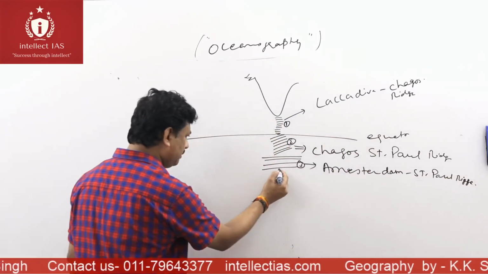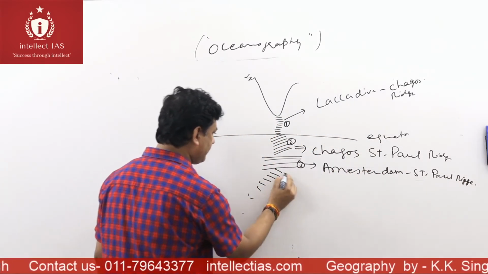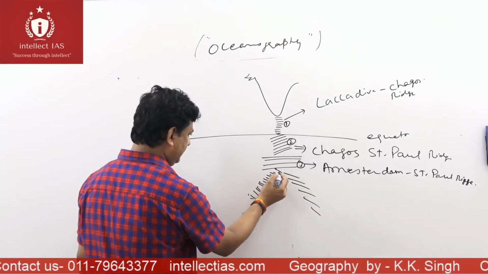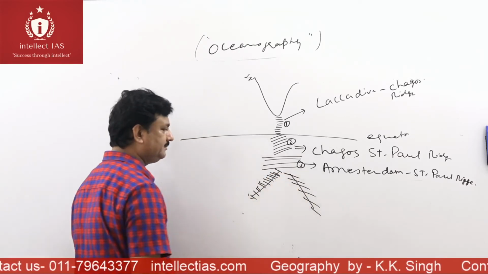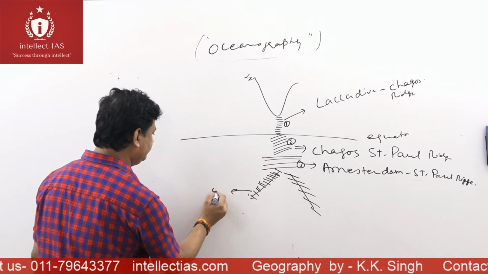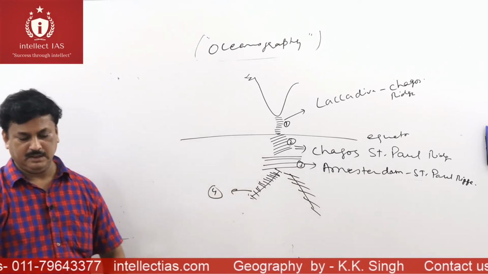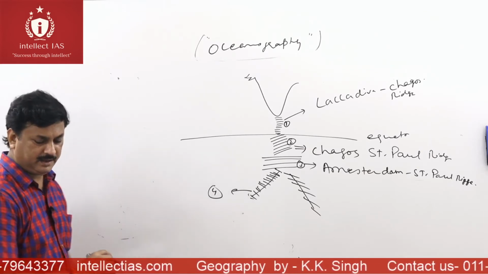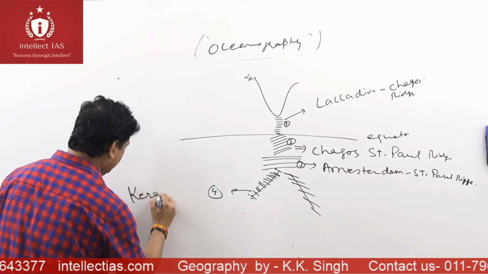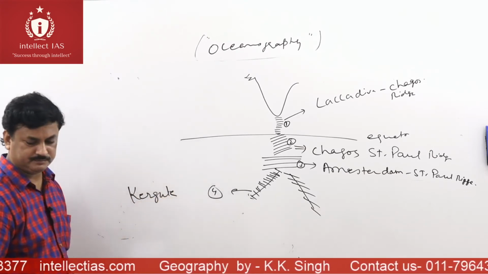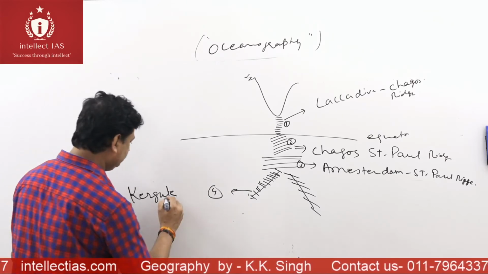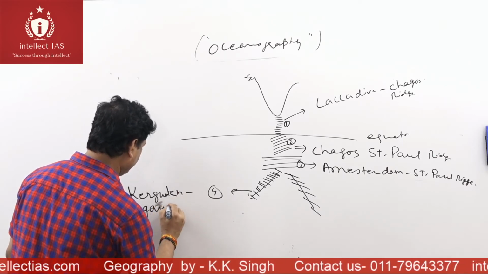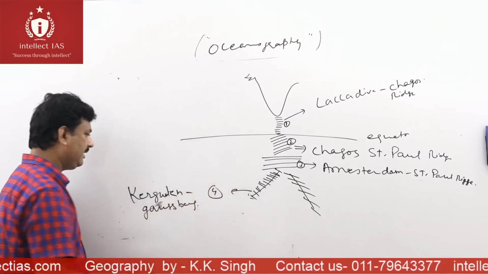It is divided into two parts. One branch is towards the western side and another branch is towards the other side. This branch is called Kerguelen-Gaussberg, number 4, the Kerguelen-Gaussberg Ridge.